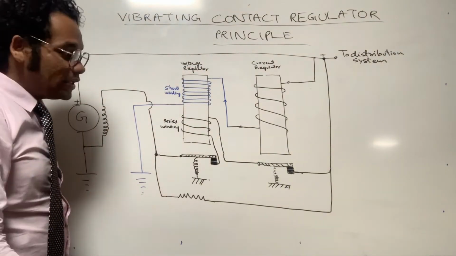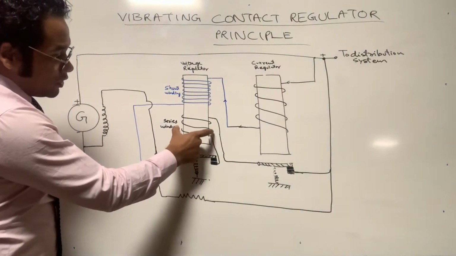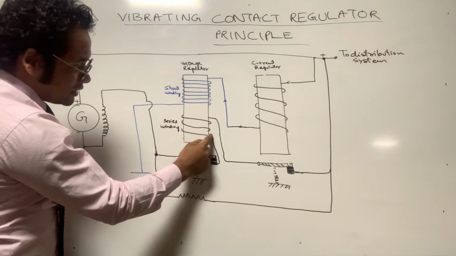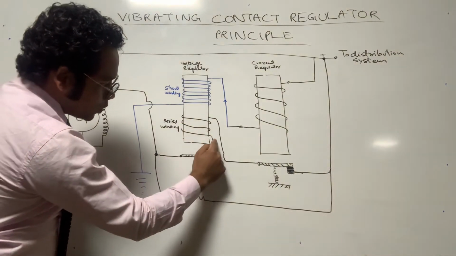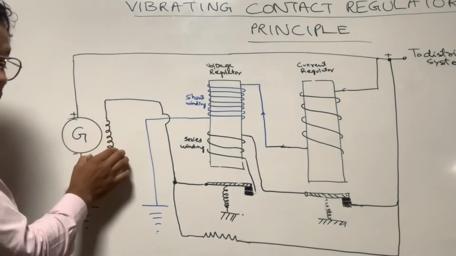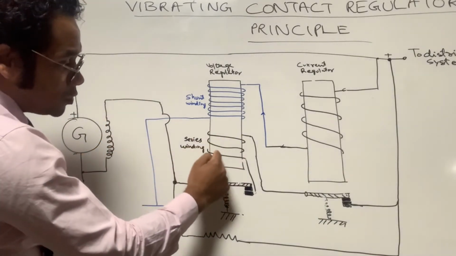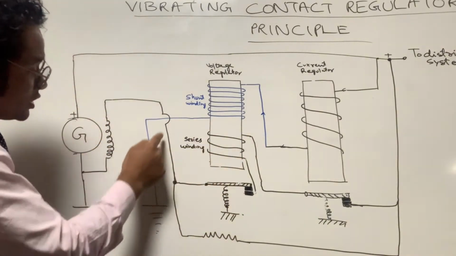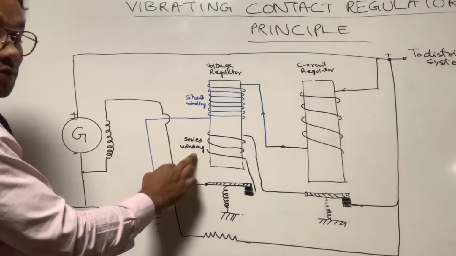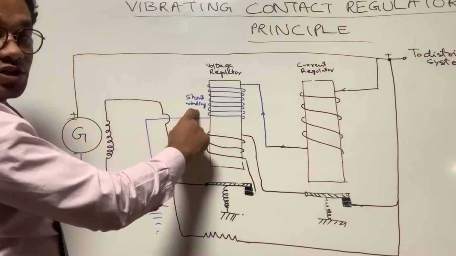I hope this point is clear. Next thing, what about the series winding of the voltage regulator? The series winding is connected in series. As you can see here, this winding is going and it is connected by this path to the winding of the generator. That means the series winding is connected in series with the winding of the generator. Hence the name series winding. And why is this called shunt winding?